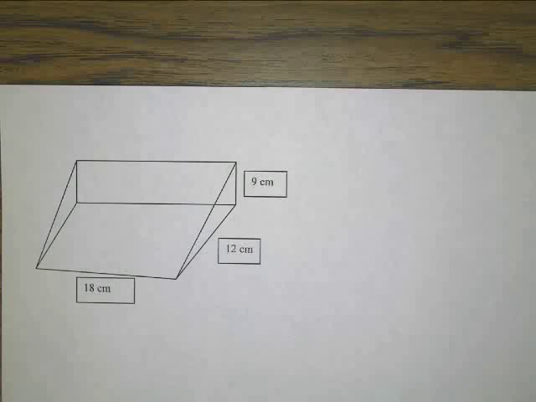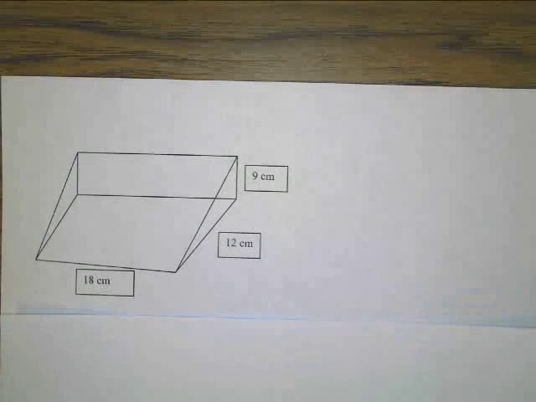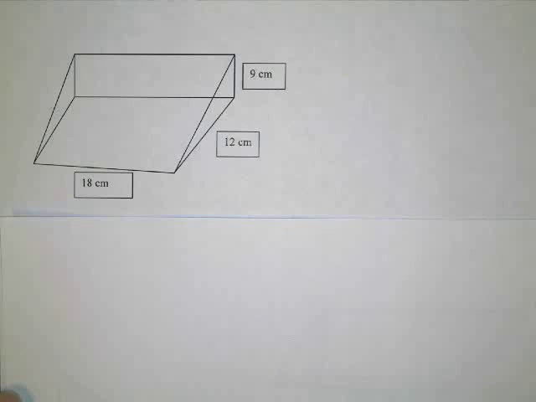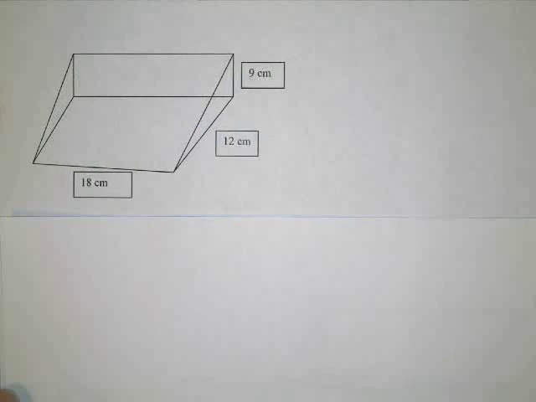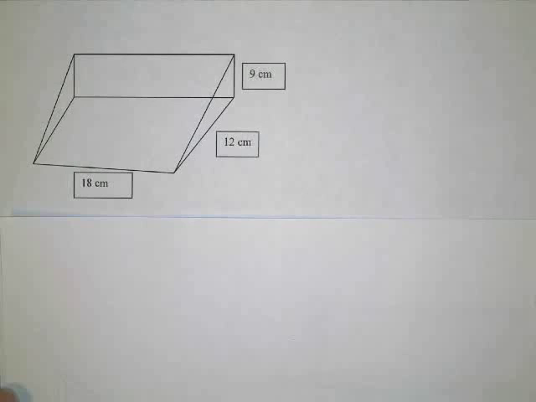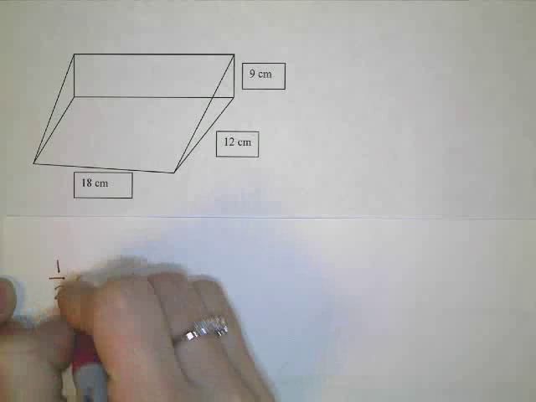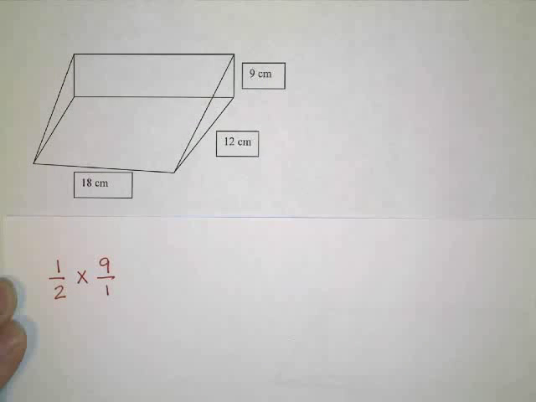All right, step 1, who can tell me? So I understand the equation. I want to know what I'm doing. What numbers am I multiplying together? So we're taking 1/2 times 9 over 1.